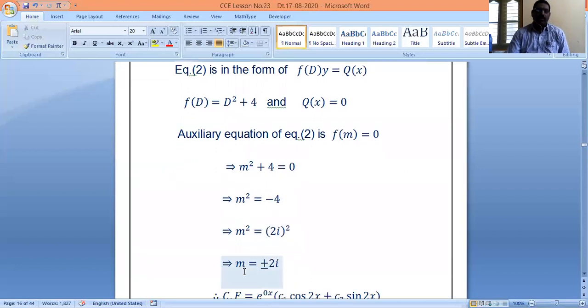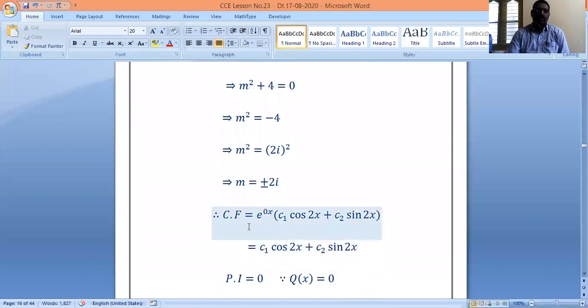That implies m is equal to plus or minus 2i. This is a conjugate complex pair. Therefore, we can write CF as, here the real part is 0 and the imaginary part is 2. Therefore, e power 0x into (C1 cos 2x plus C2 sin 2x), that is equal to C1 cos 2x plus C2 sin 2x.